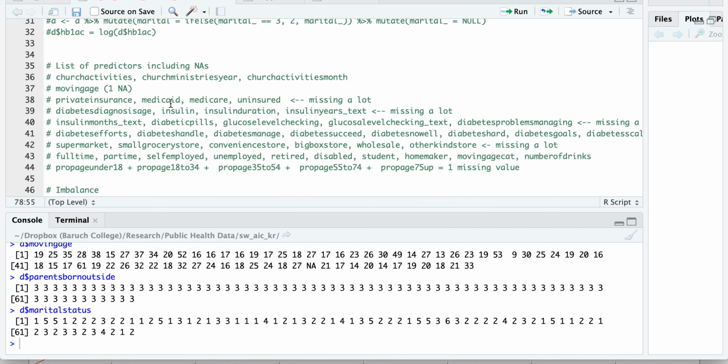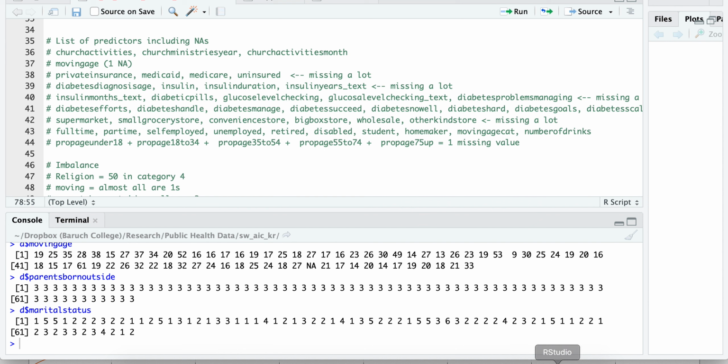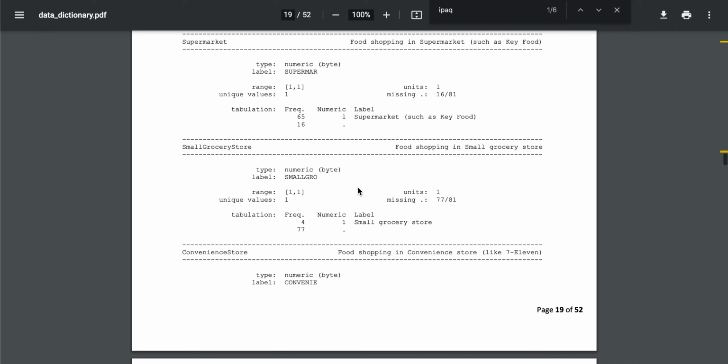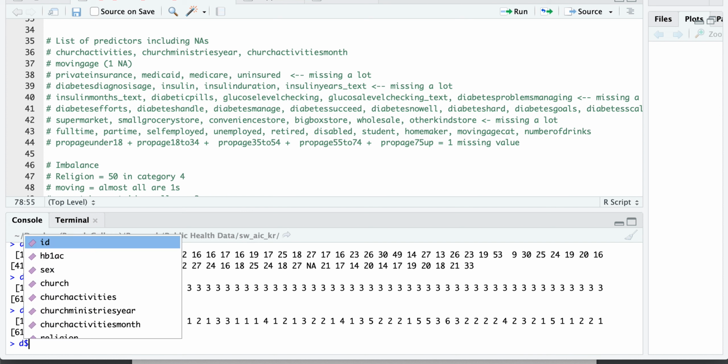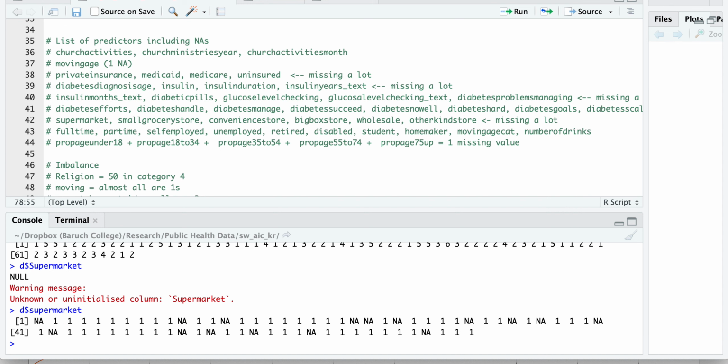Okay, so I think there are a few items here that I missed putting there. So let's go. So supermarket. Let's see. Yes.